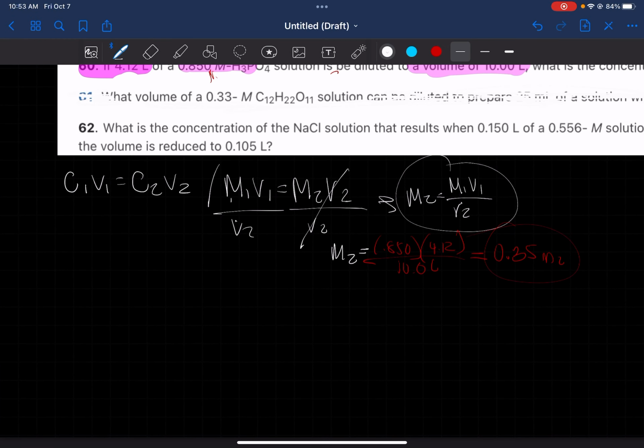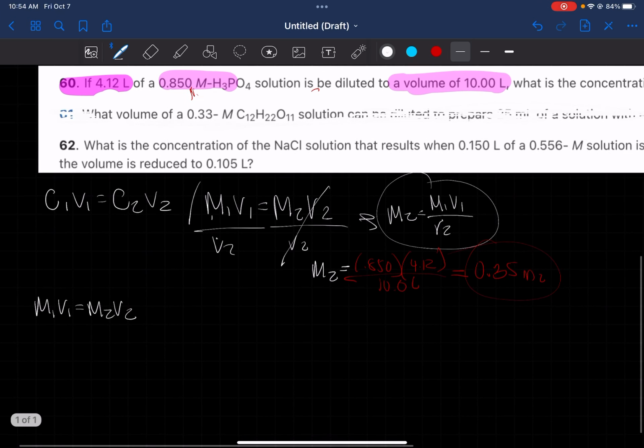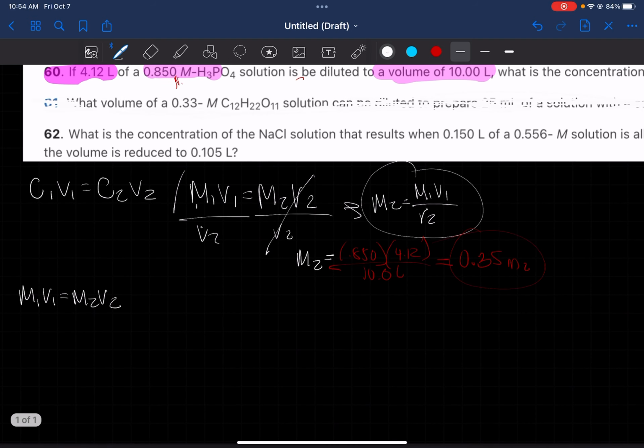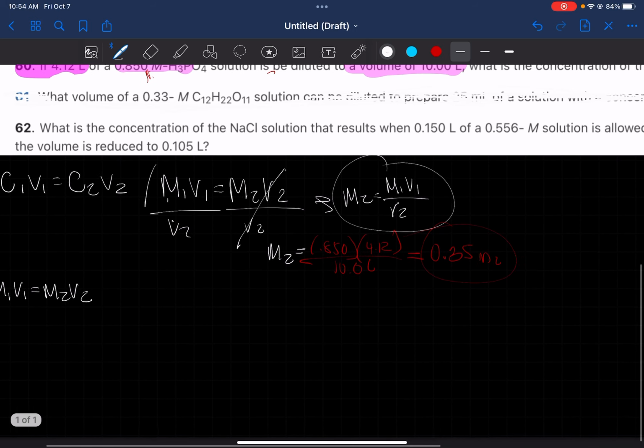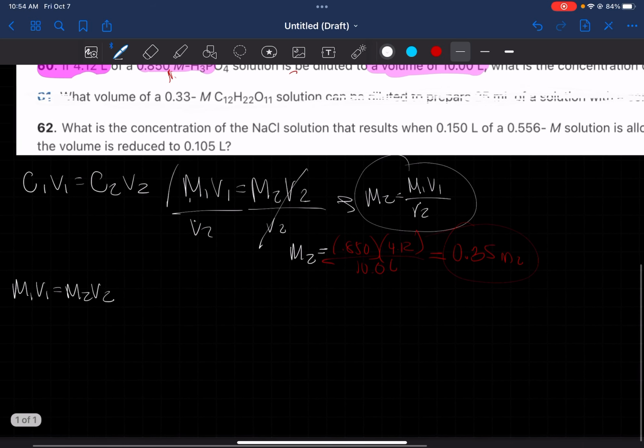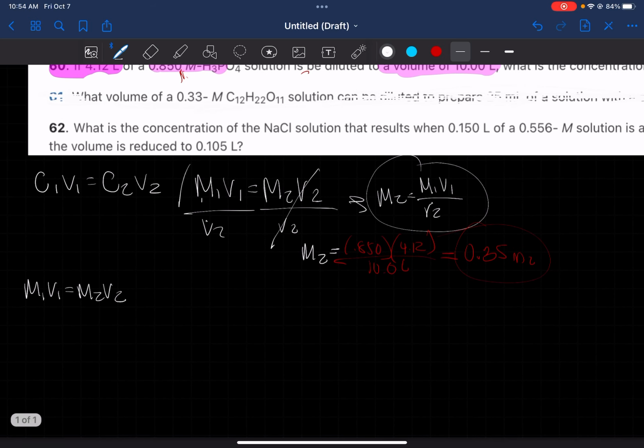This one, just write the formula out. Alright. What is the concentration of a sodium chloride solution that results when 0.15 liters of a 0.556 molarity solution is allowed to evaporate until the volume is reduced? Okay, so we have V2, so we're solving for M2 again. M2 equals M1 V1 over V2.